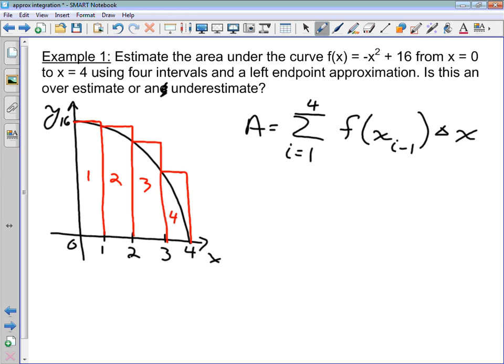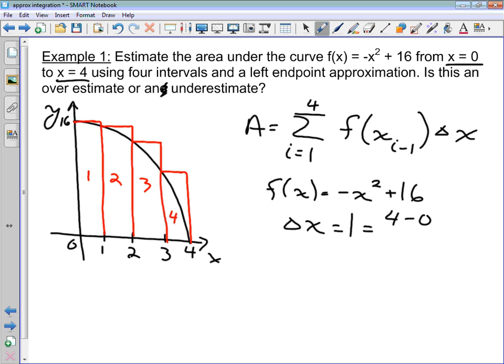Well, f at x is going to be negative x squared plus 16. Our delta x in each case is going to be 1. Or we can think of it as we're going from x equals 0 to 4.